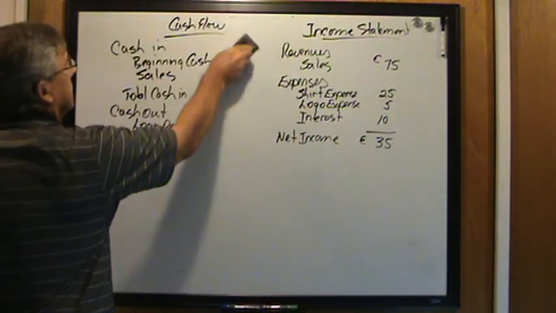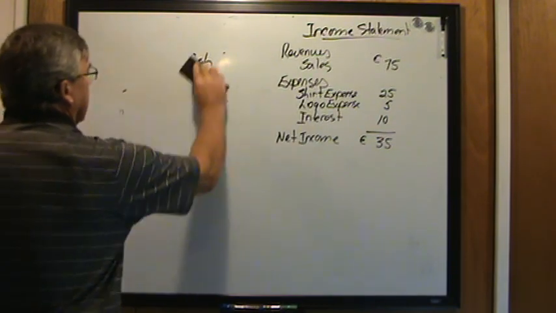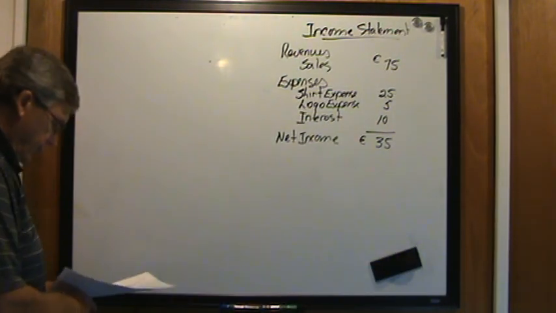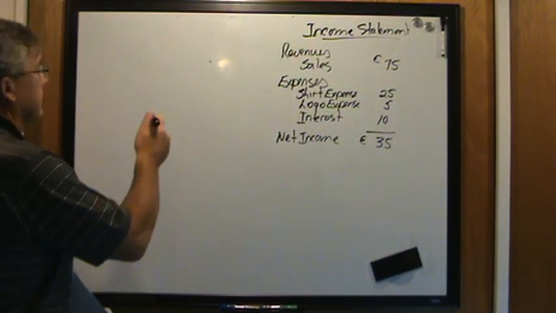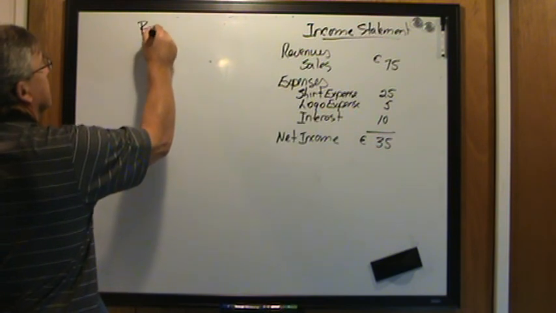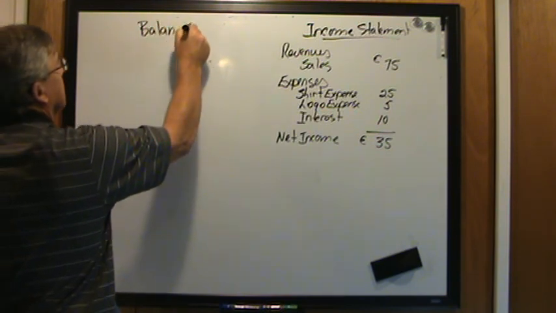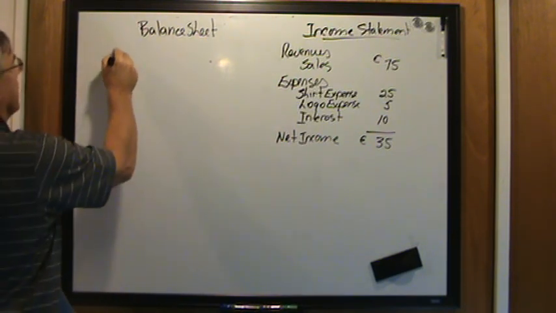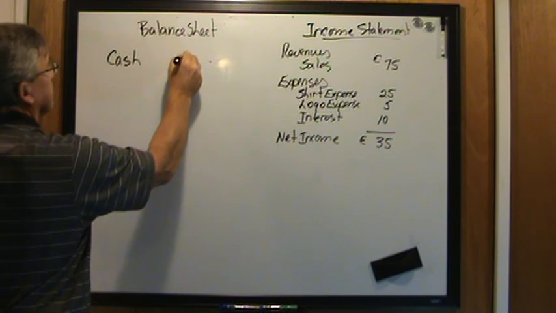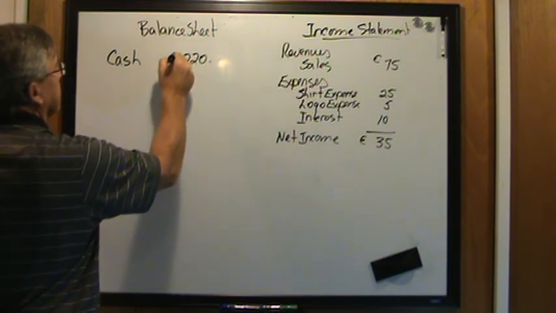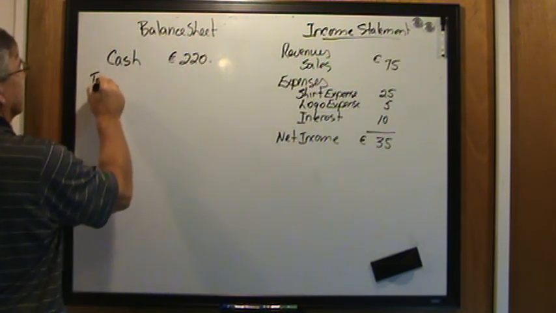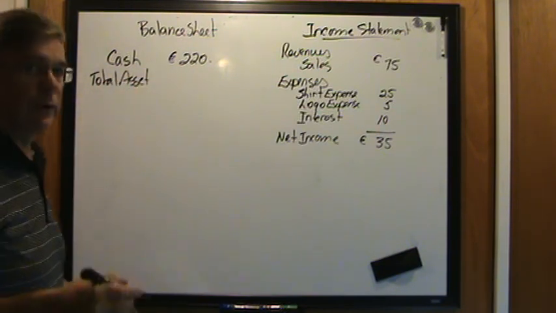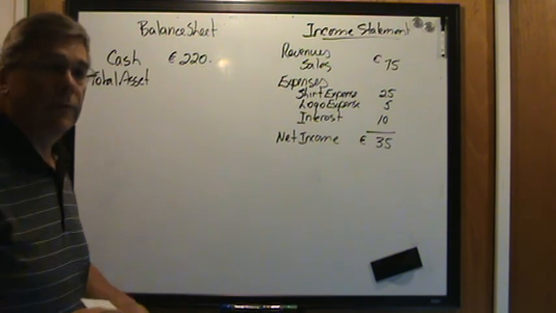Finally, remembering what the cash flow balance is, the balance sheet becomes very simple in the end. The balance sheet is essentially made up of cash, 220 euros, and that's your total asset. We have no other assets in the business. All the shirts and logos have been sold, and we didn't purchase any more.